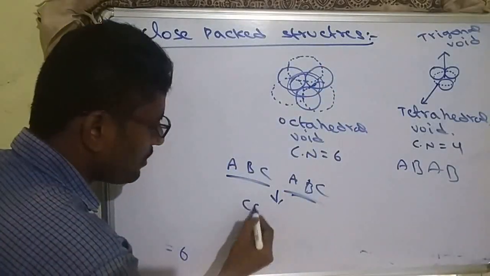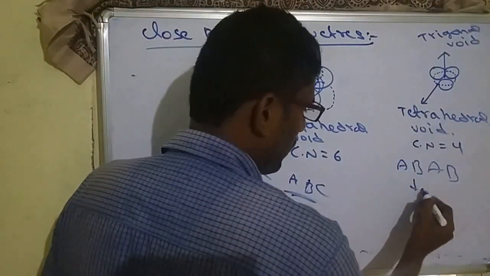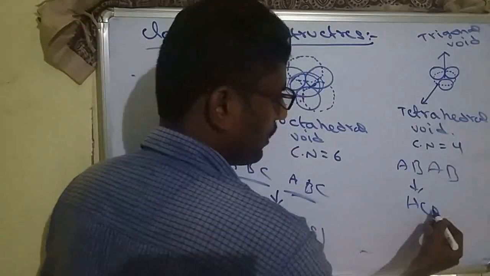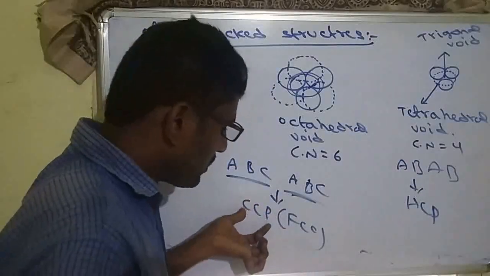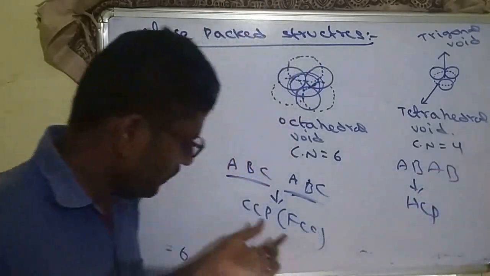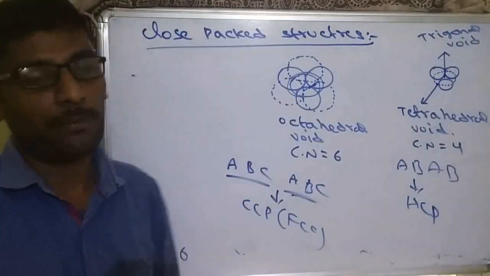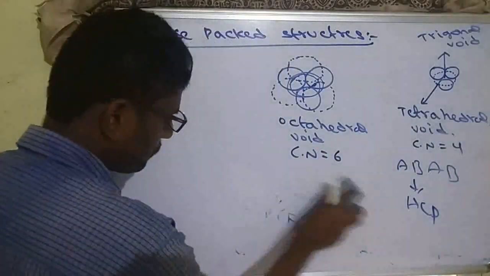This ABC, ABC we are calling CCP or FCC. And this AB, AB we are calling HCP. Already told, in three-dimensional manner we get either CCP or HCP. So HCP is AB, AB. CCP is ABC, ABC. Just remember the coordination number, nothing else is important.